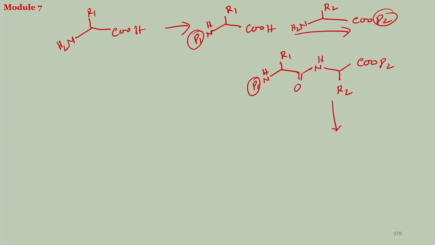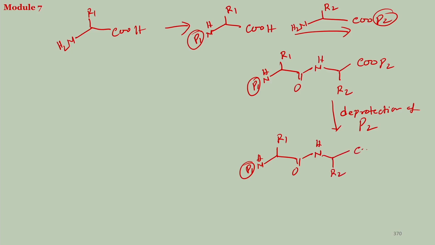Now, what you have to do, if you want to carry on the synthesis, you have to make this acid free. So, therefore, D protection of P2, selective D protection of P2. So, one way of it. This can still be protected. R2. This will give you a free carboxylic acid.